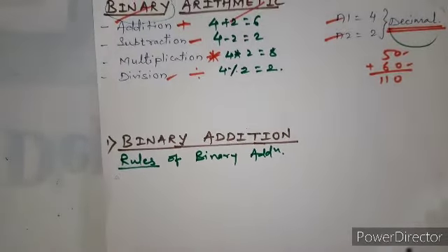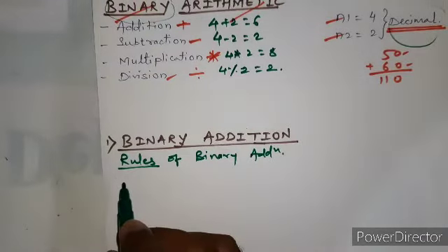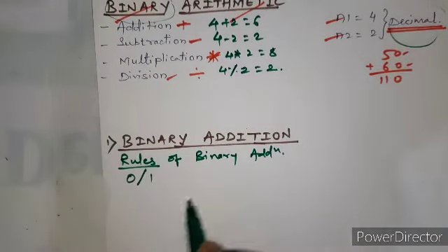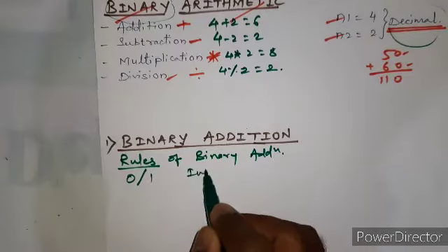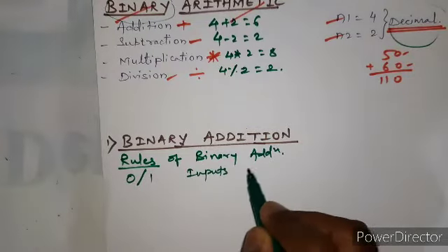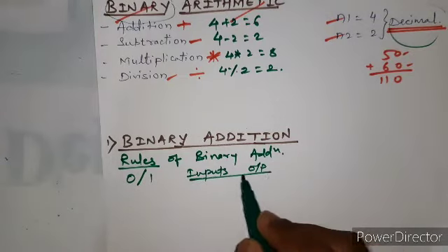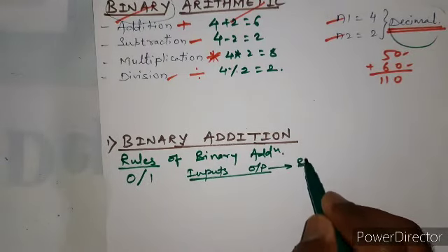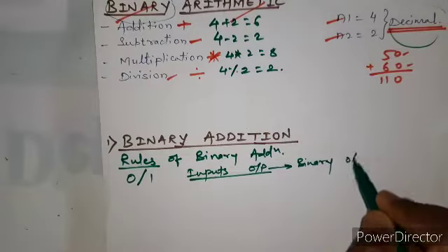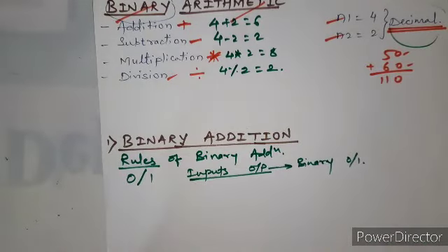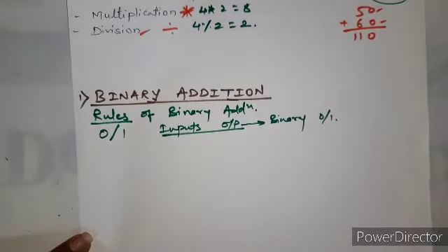Here you will see everything is in the form of zeros and ones. You can consider inputs and outputs, all in the form of binary, zeros and ones.